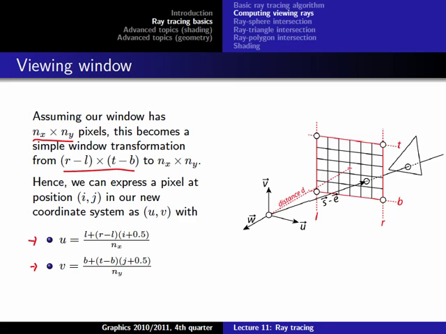So let's just look at the case for the u, which is the left and the right. So we have a left and a right side, and for the screen we have a window with the size nx. So it starts at 0 and goes to nx. Let's choose a concrete example to make it easier.